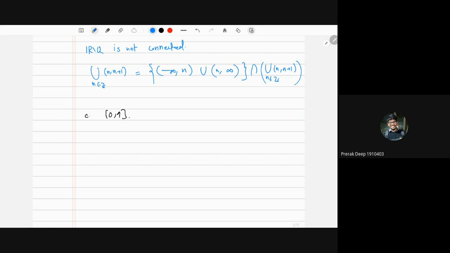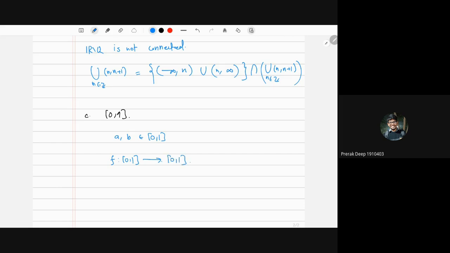If you take any points A, B in this interval, you can define F to be a line joining A and B sitting in this interval.